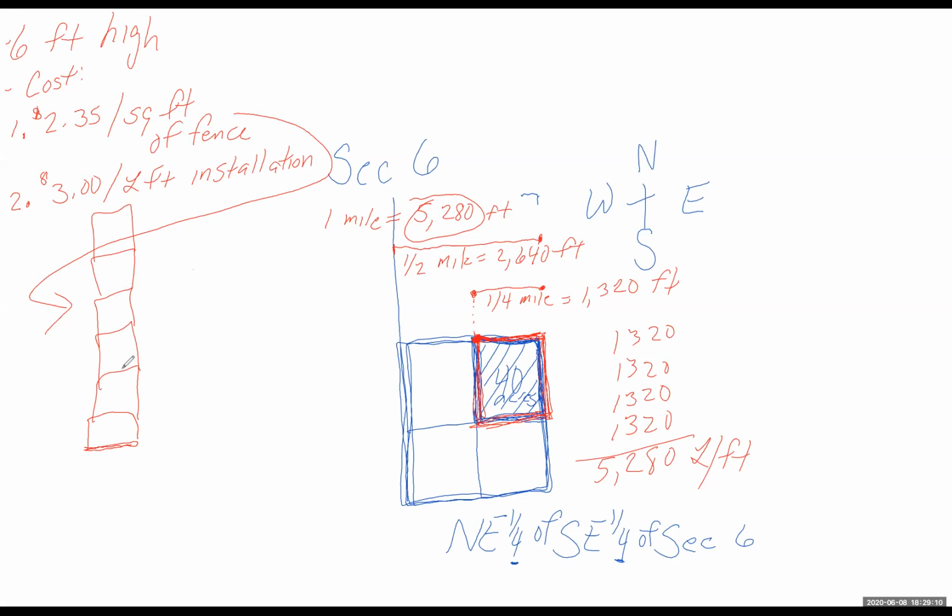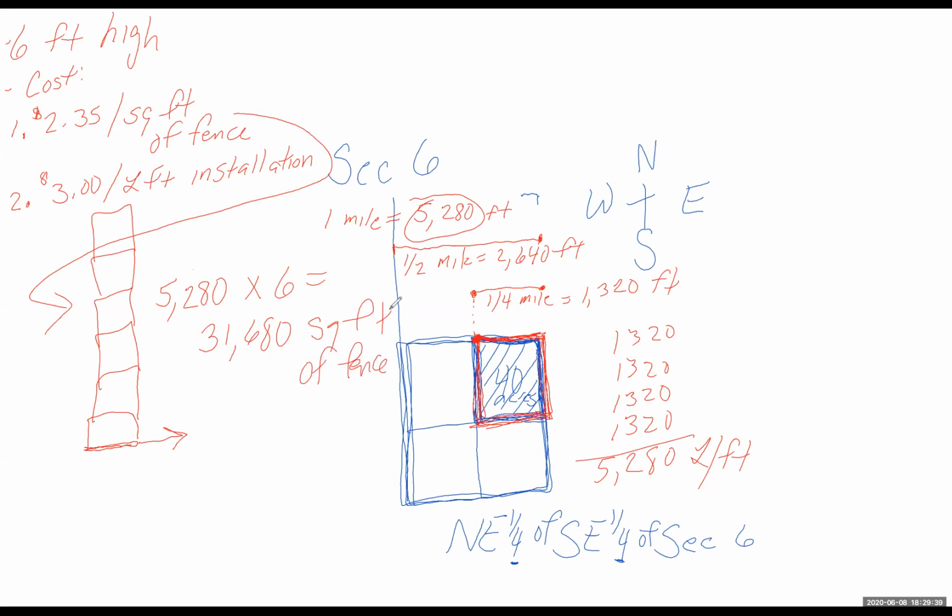We have 6 square feet for every foot of linear feet. Does that make sense? So you do the linear feet, 5,280 times 6 equals what? 31,680. 31,680 square feet of fence.